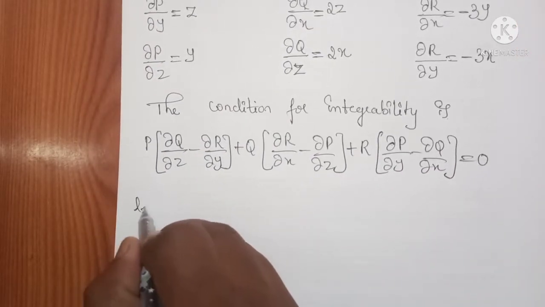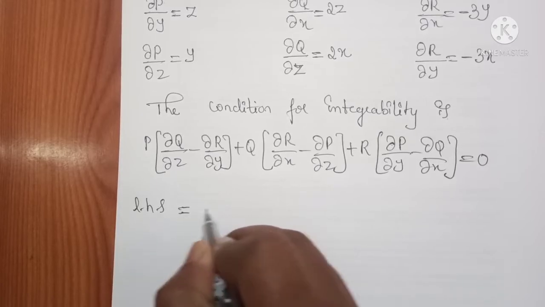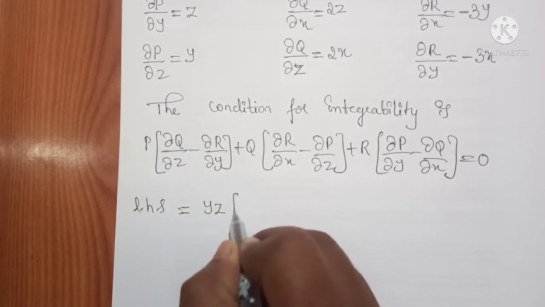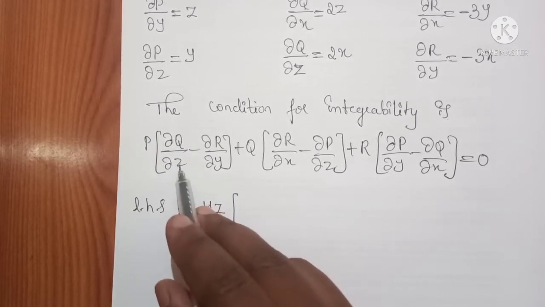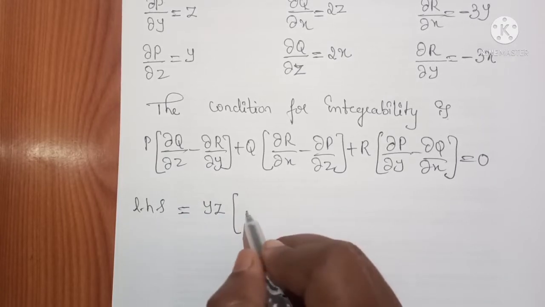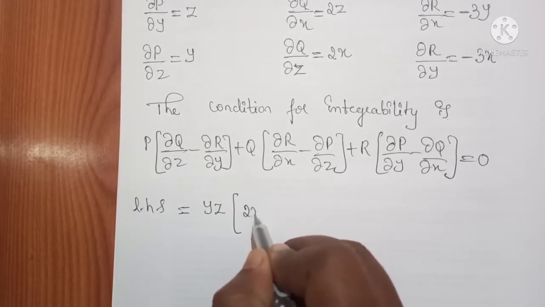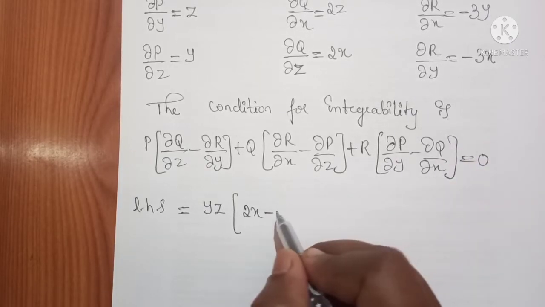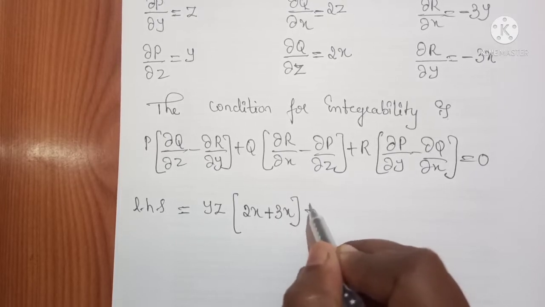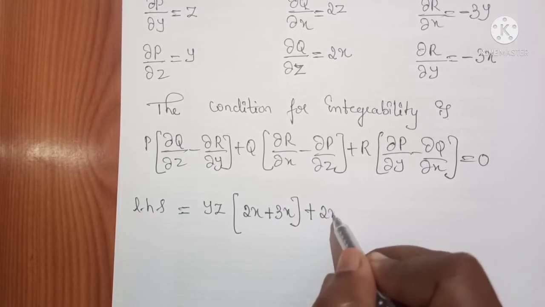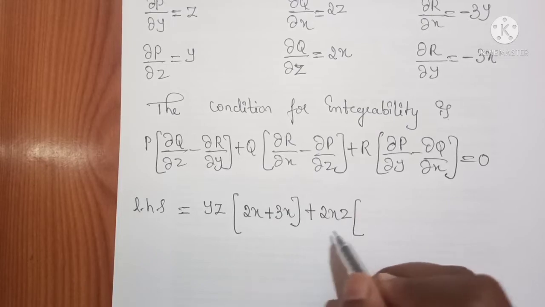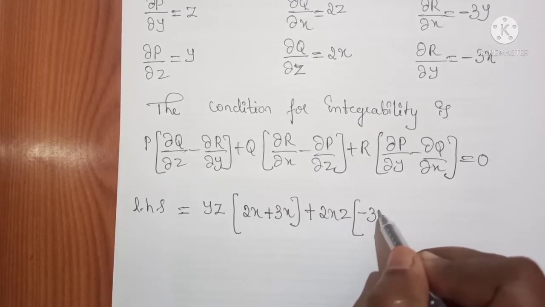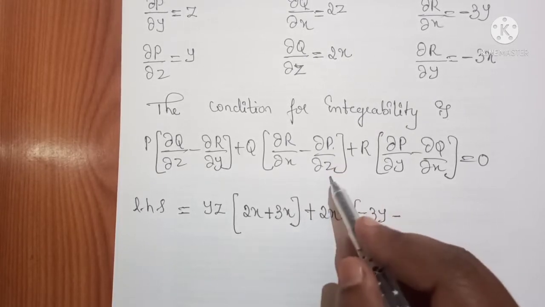Now substituting all these values, we get LHS equals P is yz, dou Q by dou z value is 2x, minus dou R by dou y, dou R by dou y value is minus 3x. Minus into minus, we get plus 3x, plus Q value is 2xz into dou R by dou x is minus 3y, minus dou P by dou z.